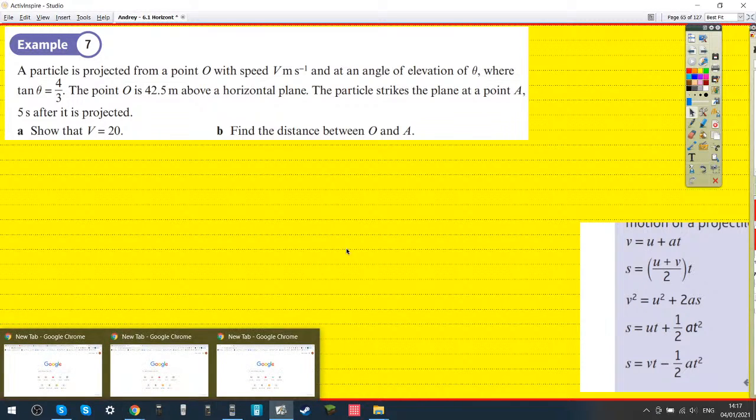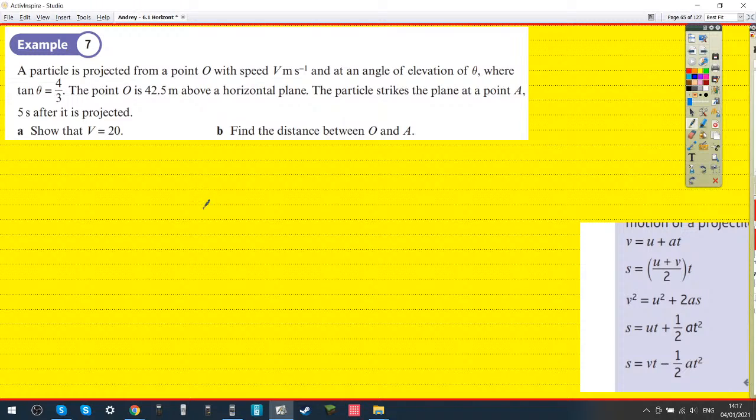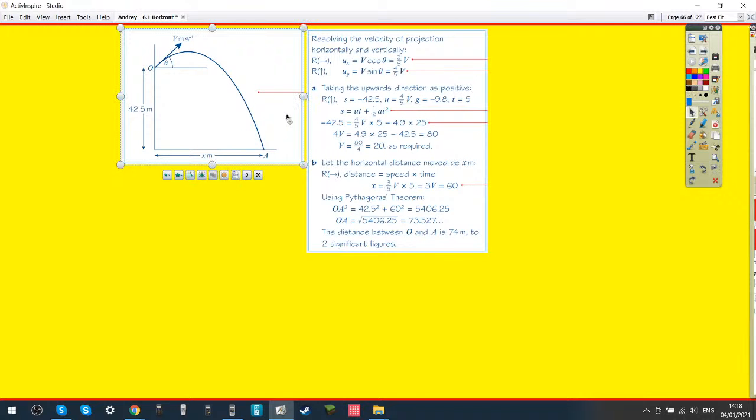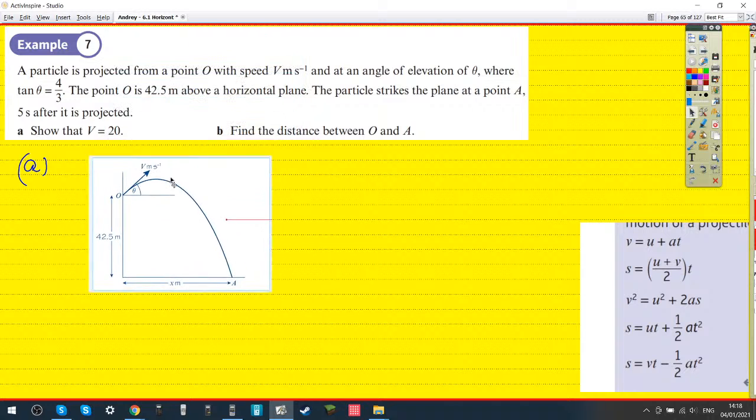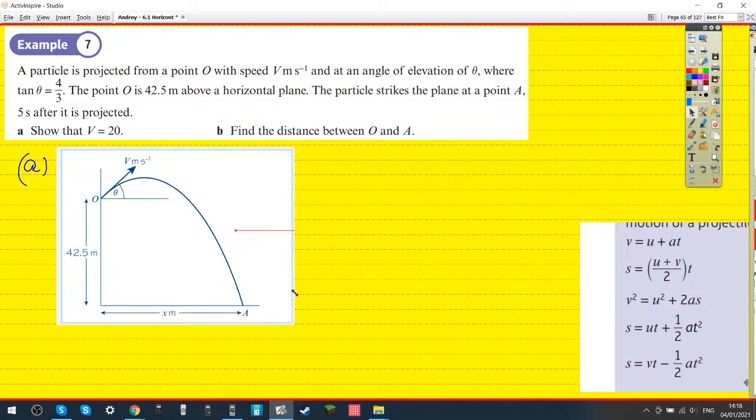Okay, so I'm cheating. So that's just the diagram. Okay, so should we draw?